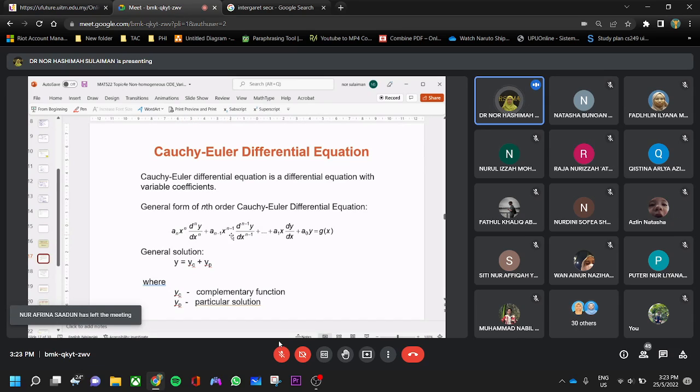The coefficient of the n minus 1 derivative is multiplied by x to the power of n minus 1. This is a power because there is no bracket, while this one is a derivative because it belongs to D.